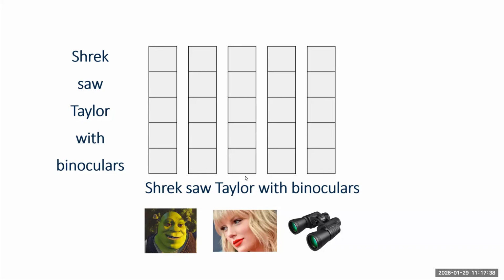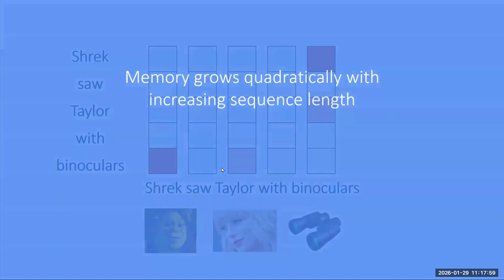I'm storing more than every word, right? Storing every word squared, yeah? So the memory should be kind of perfect, right? My language model sees, yeah, there's a tight link between Shrek and binoculars. Maybe there's a link between Taylor and binoculars, but it's not lit up as much, right? The thing is that memory is growing quadratically with your sequence length.